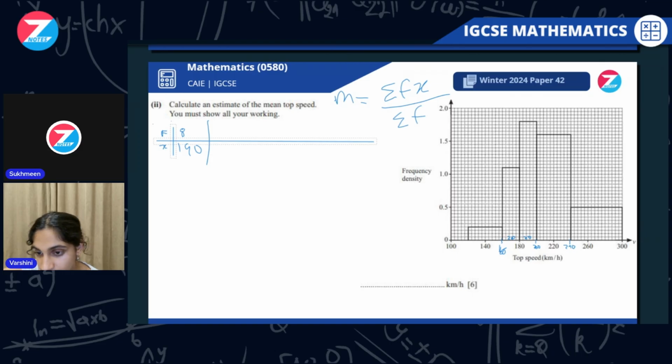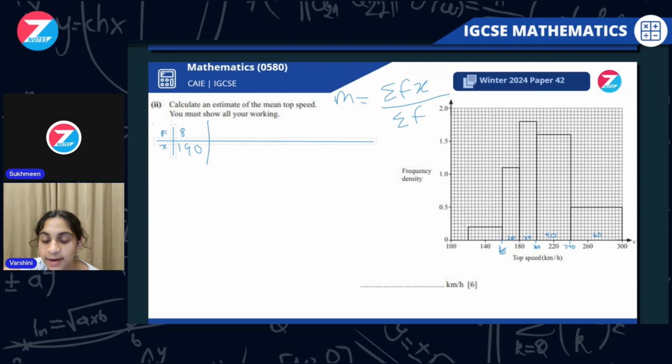Now the width of this is 240 minus 200, which is 40. And lastly, the width of this is 300 minus 240, which will be 60.